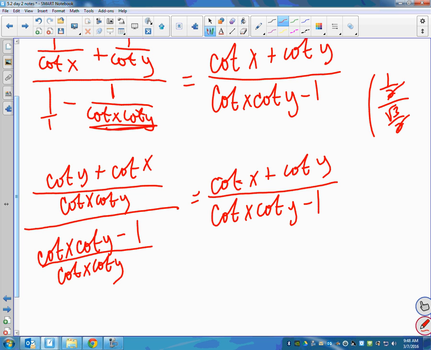But I like this idea because you can't do that with addition and subtraction, but now that we have a common denominator, we can. And cotangent y plus cotangent x is the same as cotangent x plus cotangent y. Sometimes I'm going to rewrite it anyway.